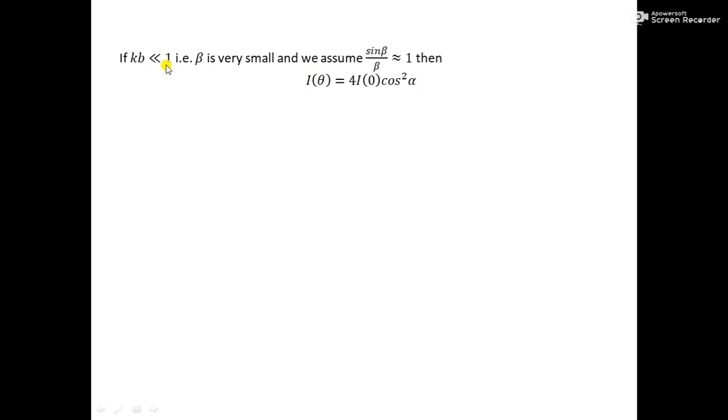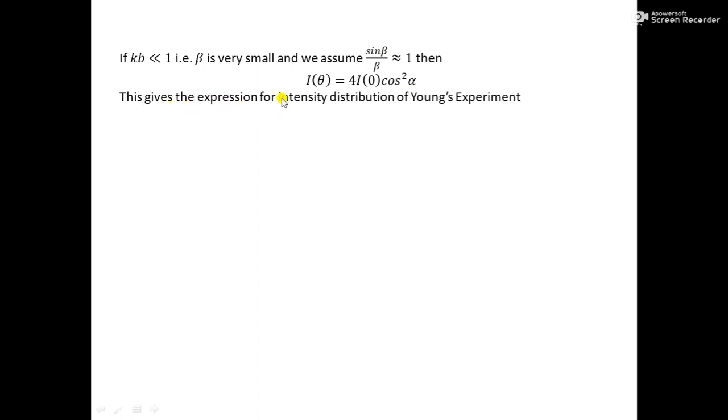Okay, if KB is very much less than 1, that is beta is very small, and we assume sine beta by beta is nearly equal to 1, then I theta comes as 4 I function of 0 cos square alpha, because sine beta by beta is taken as 1, since beta is very small for this condition.